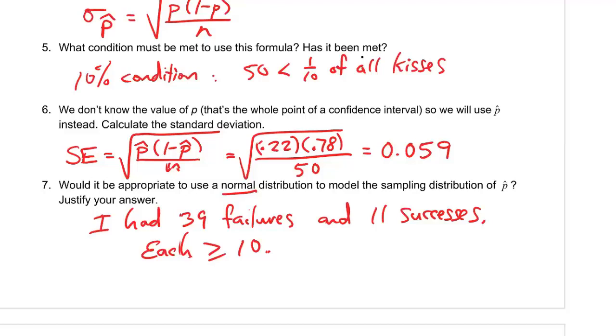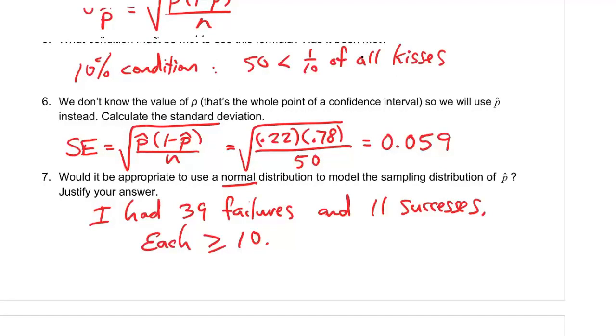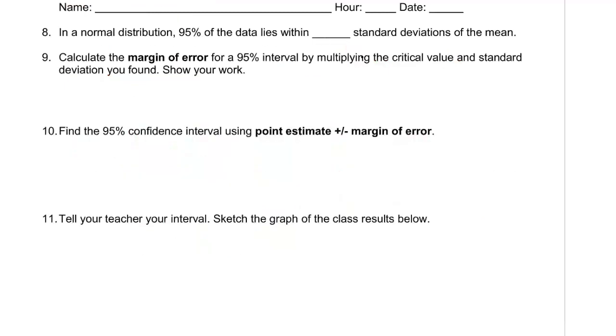All right, number 8. In a normal distribution, 95% of the data lies within how many standard deviations of the mean? Okay, so this is the 68, 95, 99.7 rule. So 95% of the data lies within 2 standard deviations of the mean.